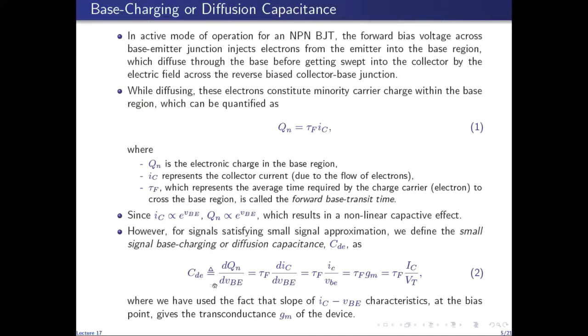So CDE times vbe quantifies the small change in the electronic charge Qn, which in turn is given by tau f times small ic, and tau f times small ic in turn is given by tau f times small vbe times GM. So for a small change in VBE, the corresponding small change in Qn is given by CDE times vbe or tau f GM times vbe.